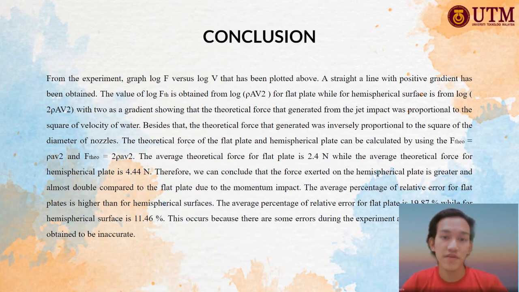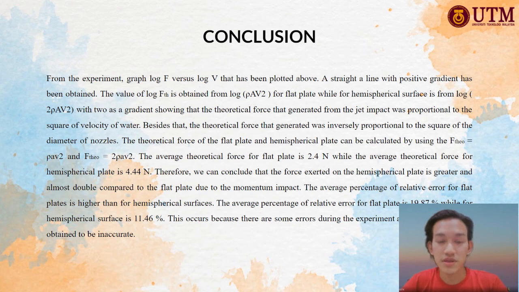The value of the log force is obtained from log rho AV squared for the flat plate, while for the hemispherical surface it is from log 2 rho AV squared, with 2 as the gradient, showing that the theoretical force generated from the jet impact is proportional to the square of the velocity of the water. Besides that, the theoretical force generated is inversely proportional to the square of the diameter of the nozzle.